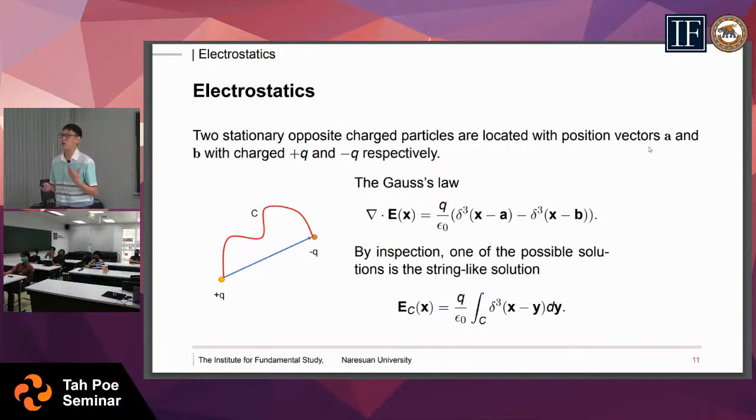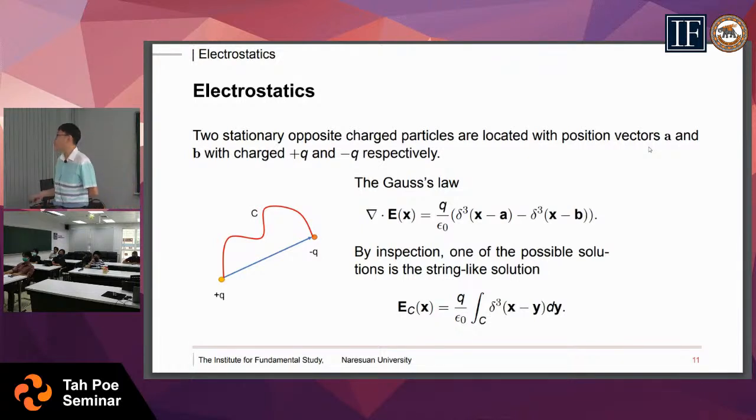And if we would like to find the electric field E, obviously we need to solve the Gauss law, right? And the Gauss law for this system is nothing but the divergence of E equal to the Dirac delta function, which is the source of the point charge here.